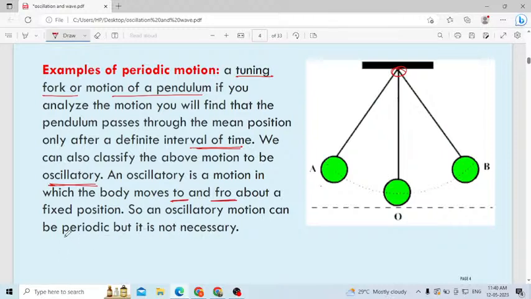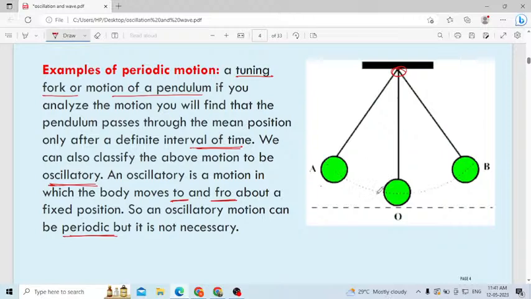An oscillatory motion can be periodic, but it is not necessary. Sometimes the oscillation of a pendulum is periodic, but after some time it loses its periodicity. Why does it lose its periodicity?